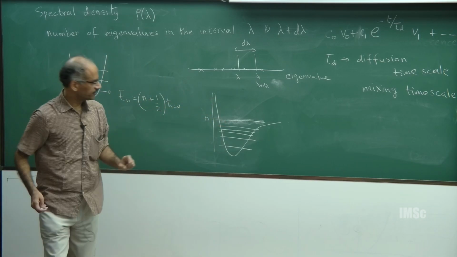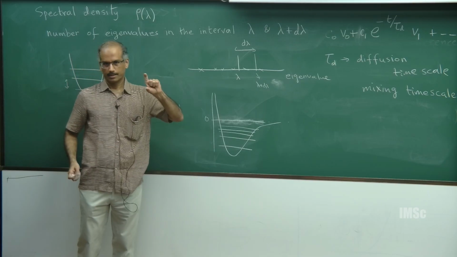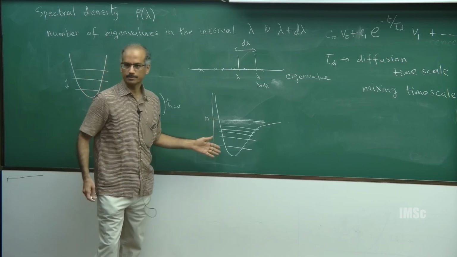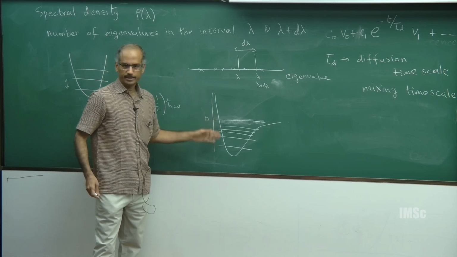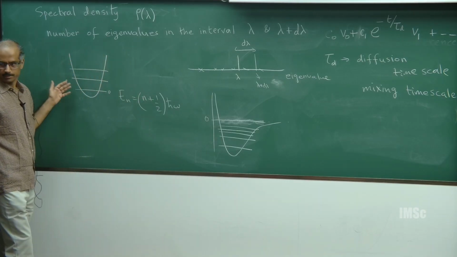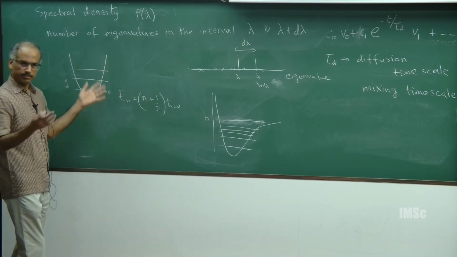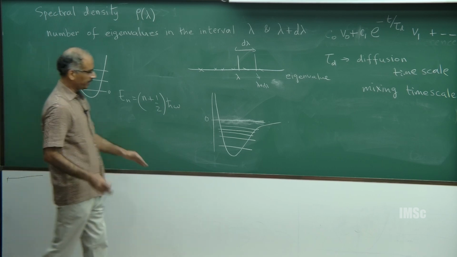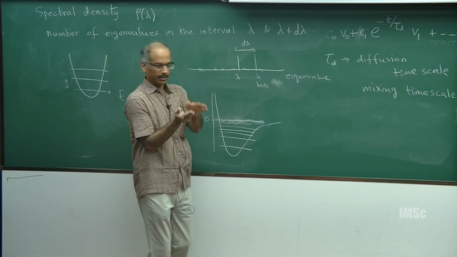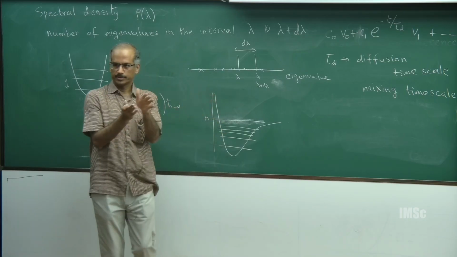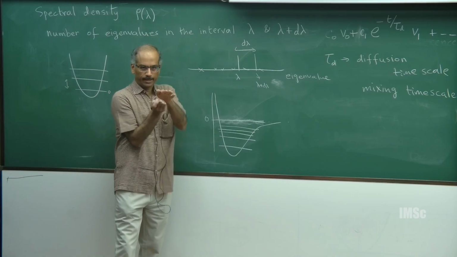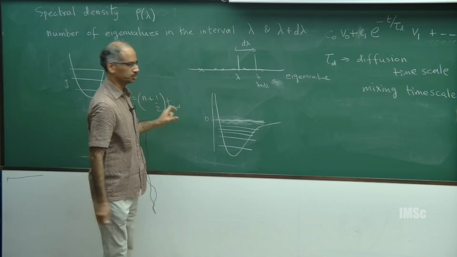Now you ask the same question in a given energy interval: how many such levels are there? It actually increases as you go up, whereas in the harmonic oscillator case it was constant. Here, as you go up the energy axis, there is a crowding effect: more and more eigenvalues crowd the same given interval that you choose.